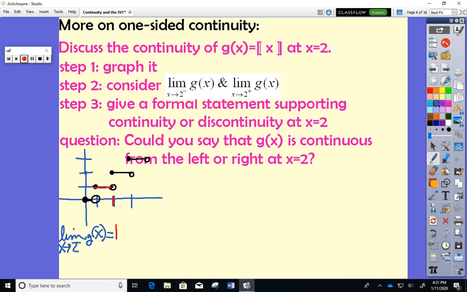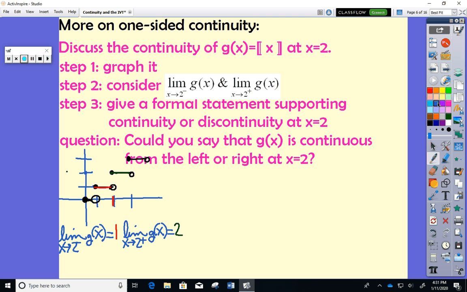All right. Well, let's look at the limit as x goes to 2 from the right of g of x. When I head toward x equals 2 from the right, that means I would be tracing this higher step. And when I trace the higher step, I'm going toward the point at 2, 2. So the right-hand limit's 2. All right, so is the graph continuous at x equals 2?